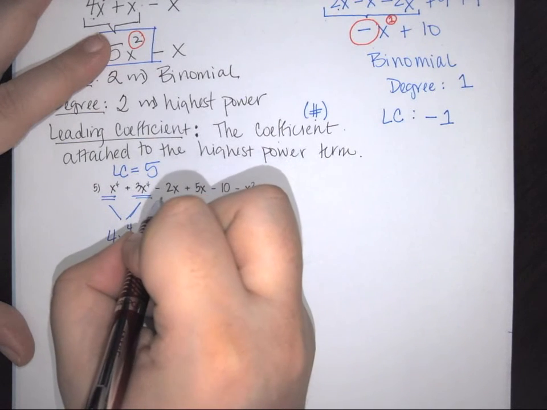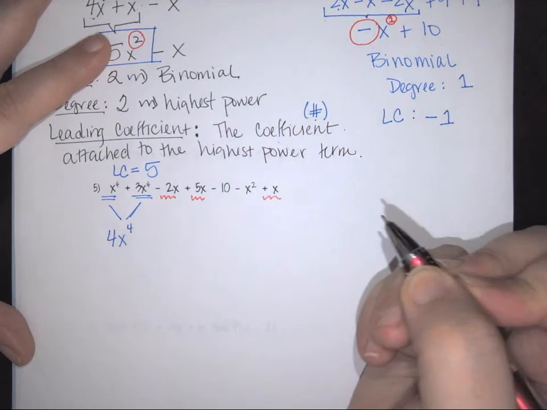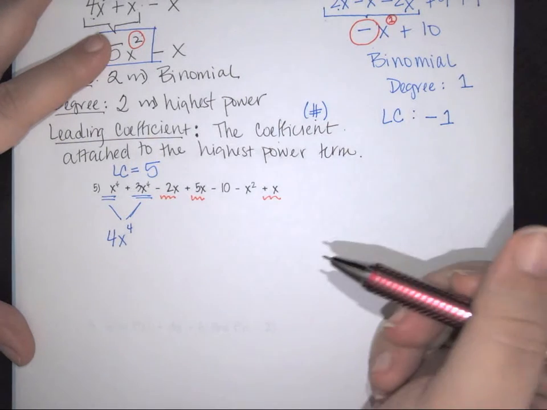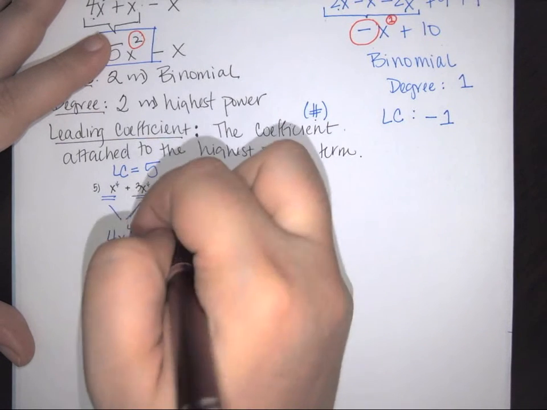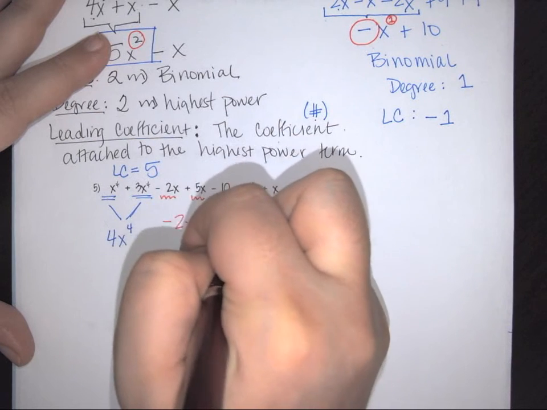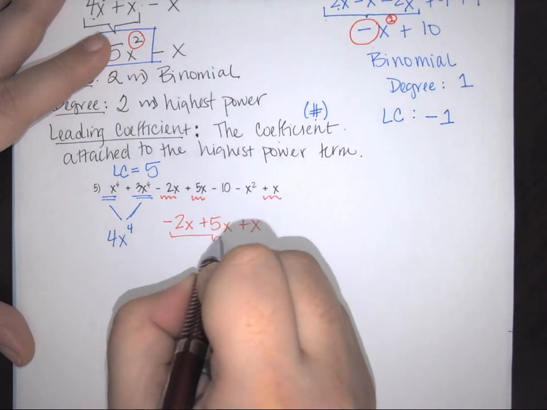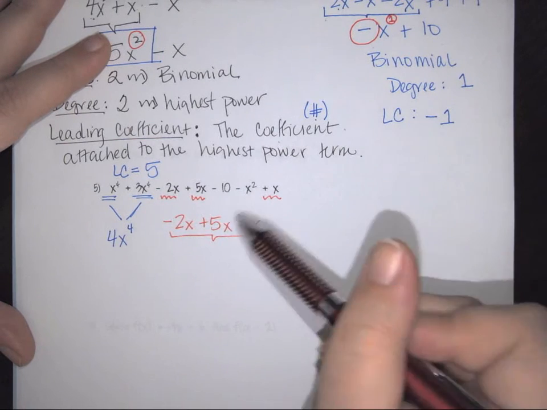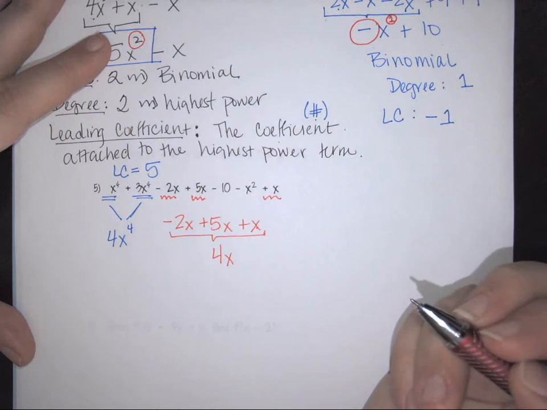So this is going to be my negative 2x and a 5x and an x. So if I group those together, I'm going to end up with negative 2x plus 5x plus x. So this here is going to give me 5 plus 1 is 6 minus 2 gives me a 4x.